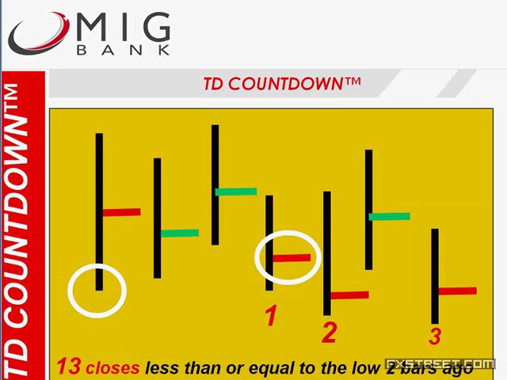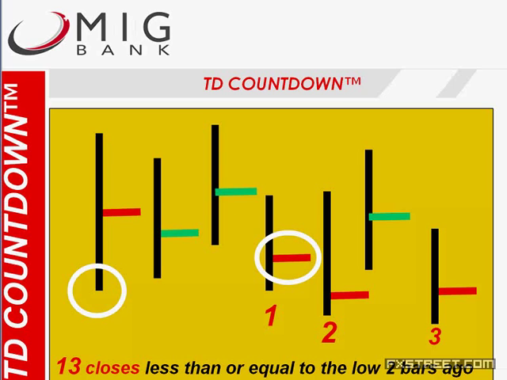So here I'm just showing you that example. Here you can see the close of bar 1 being lower than, or equal to, the second bar. Now that has to happen for 13 bars, and they don't have to be consecutive, they are non-consecutive.